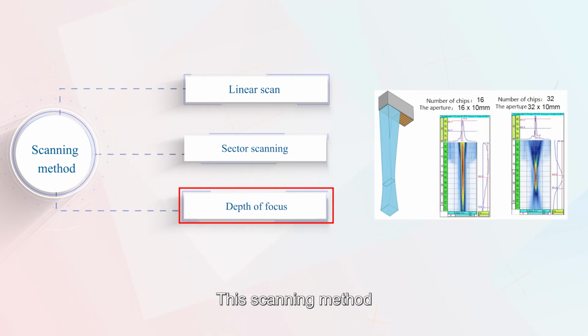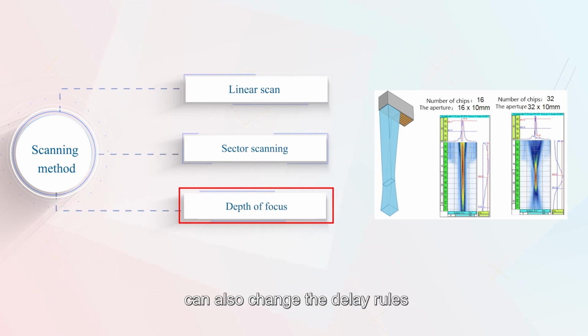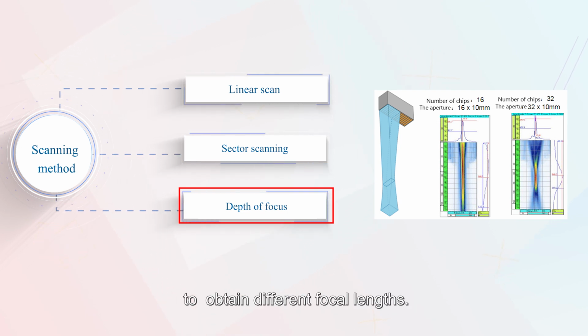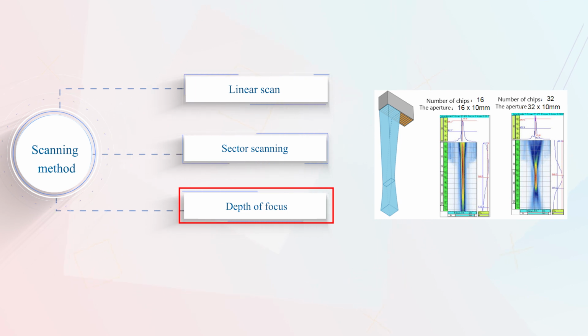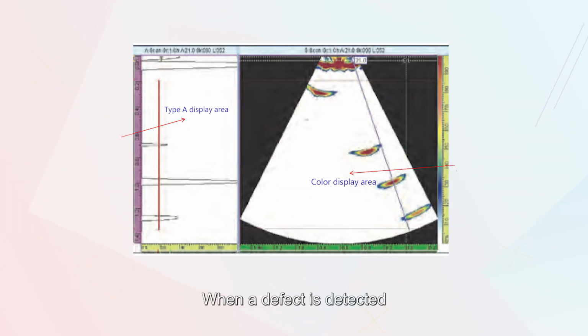This scanning method, in addition to realizing the focusing of the sound beam, can also change the delay rules to obtain different focal lengths. When a defect is detected, the display of phased array technology is also different from conventional ultrasonic inspection, adding color image display.